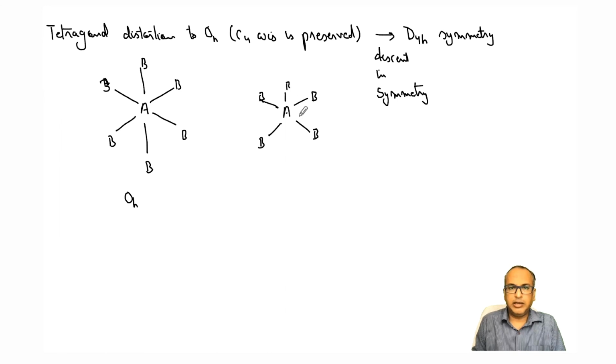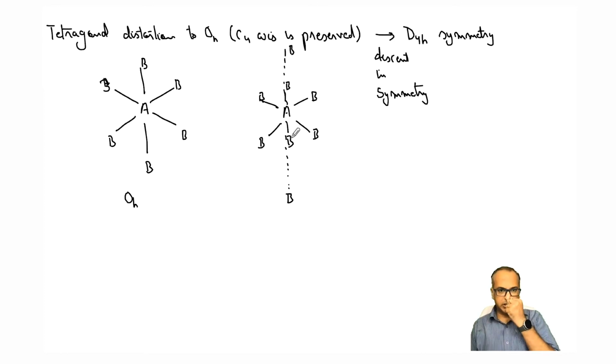Either you will get something like this, or something like this, right? One case will be called compression, another case will be called elongation. But in both cases, the point group you will get is D4h now instead of Oh.